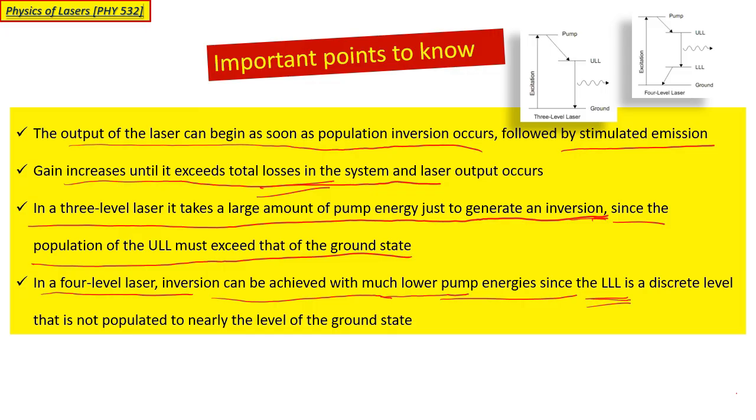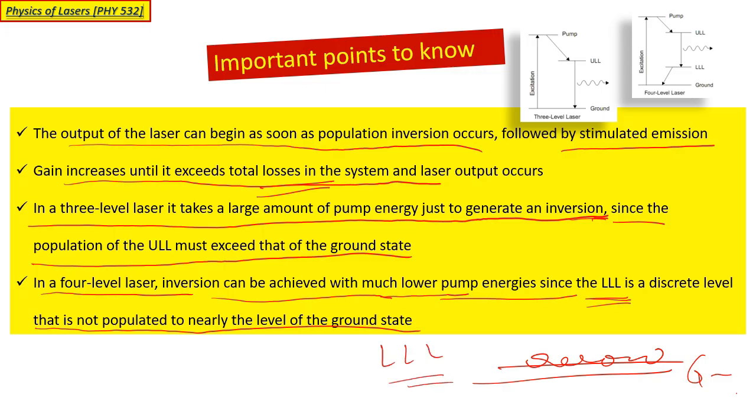It is not populated to nearly the level of the ground state, because the ground state is a natural state where all the atoms gather. This LL is not a ground state. So that is why you don't need very high pump energy in the case of a 4-level laser.